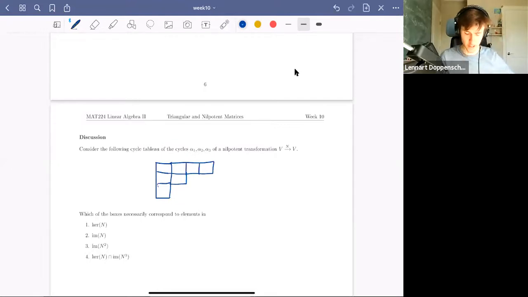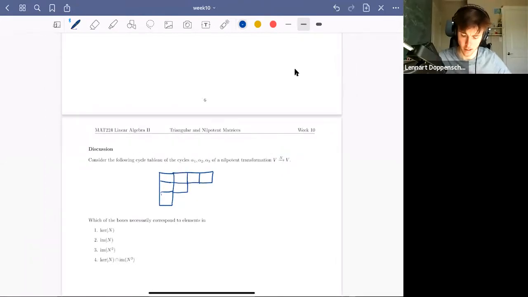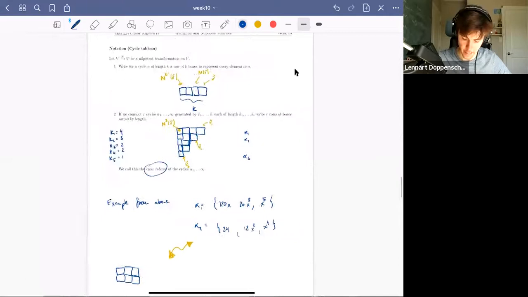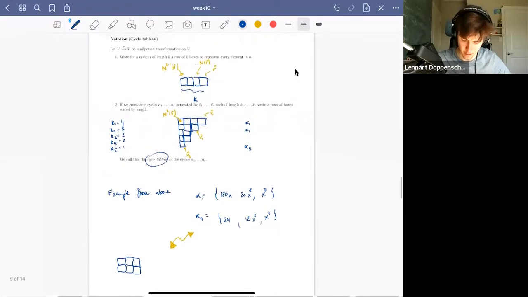And then the question is, which of these elements are necessarily in the subspaces listed below? This is what we're going to start with next week. But for now, I want to end at this cycle tableau notation.